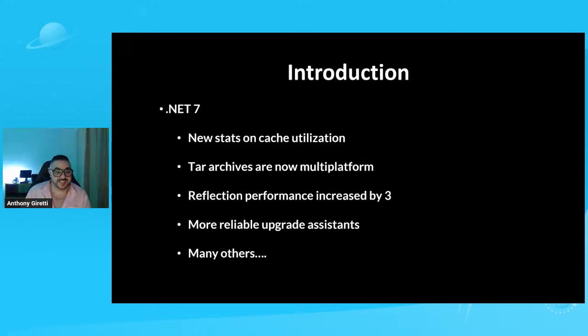Upgrade assistants are really more reliable. They make fewer mistakes. With .NET 5 and .NET 6 upgrade assistant from .NET Core 3.1, I had a ton of issues. Now it's really more reliable, and many others. So as I said, I won't go into detail with .NET 7, but that's pretty much it.